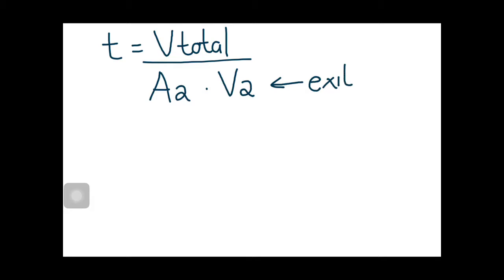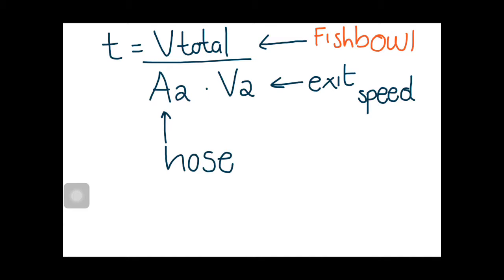If we use the units, it will be cubic meters over square meters multiplied by meters over seconds, so we get seconds. To get the time, here we have the different times, the theoretical time.